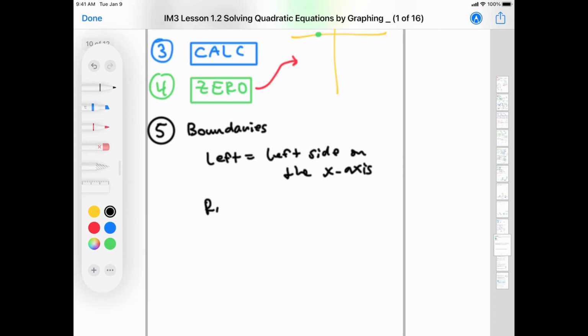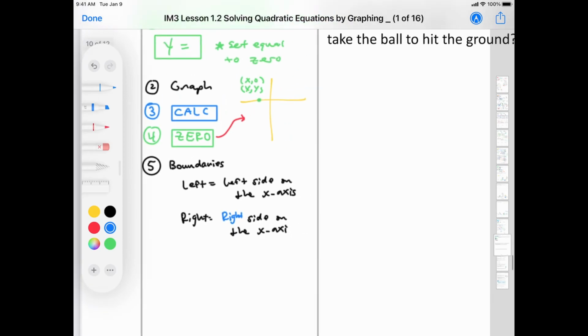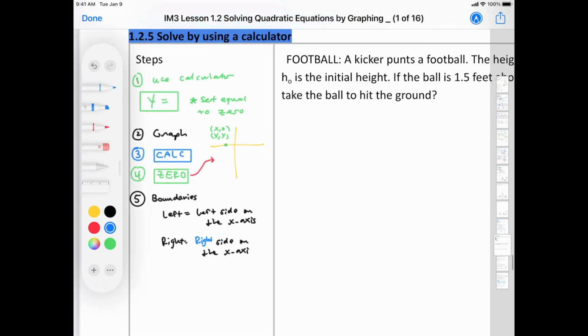And the right boundary, well, what do you think that means? Yeah, the right side, coming from the right side of the graph. Okay? Let's go ahead and try this problem here.